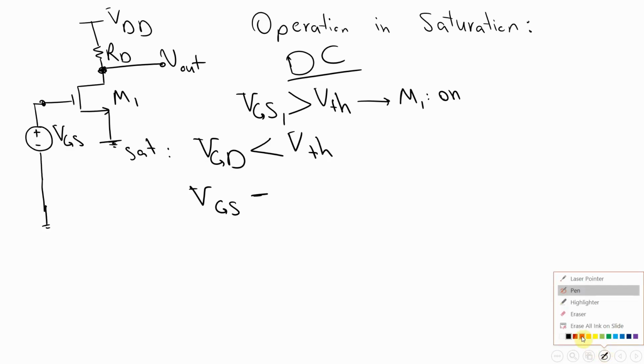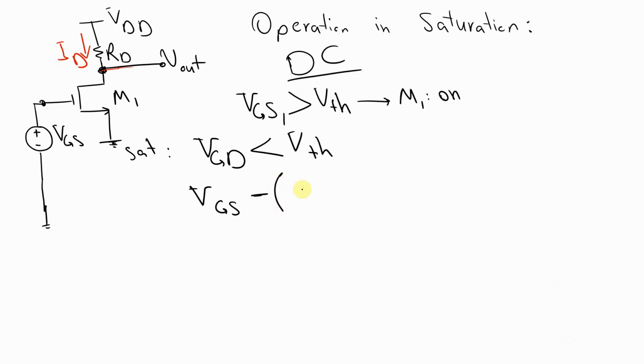And if you all remember, this is the drain current. And in order to calculate the drain voltage, you have to use your KVL here, where this is VDD, and the voltage drop across our drain resistor. So the drain voltage is going to be VDD minus RD ID. This has to be less than the threshold voltage of this device.